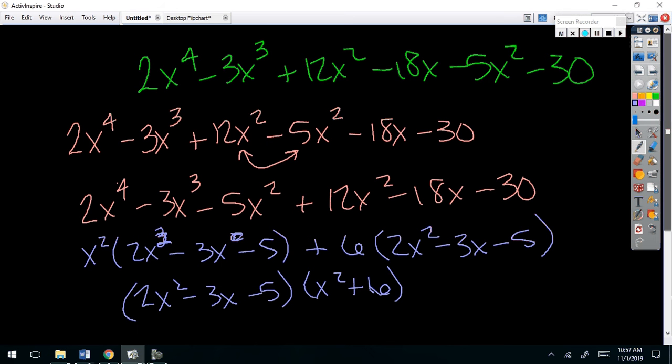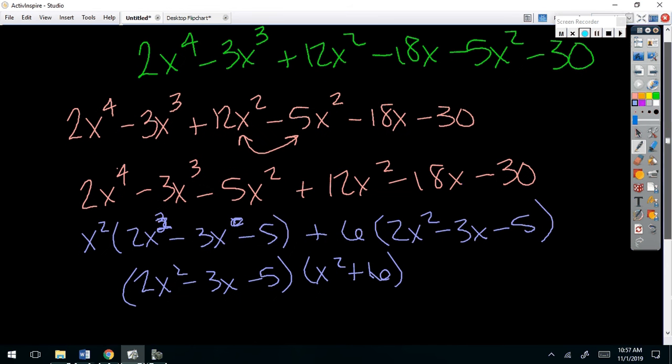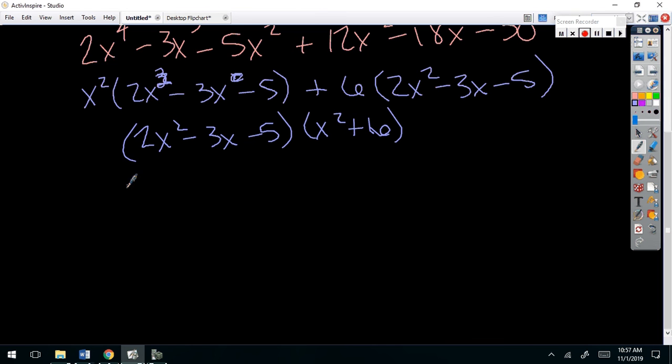Can you factor the second term more? The x squared plus 6 isn't going to factor anymore, but how about the quadratic? Does anything multiply to negative 10 but add to negative 3? So you're right, negative 5 and positive 2.